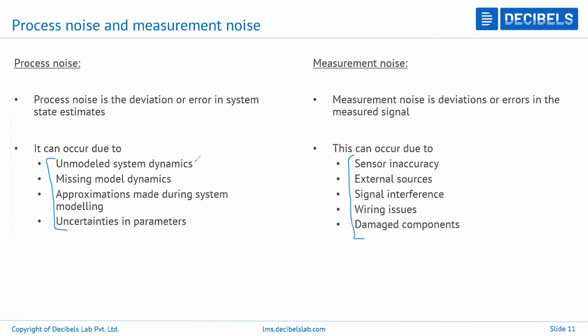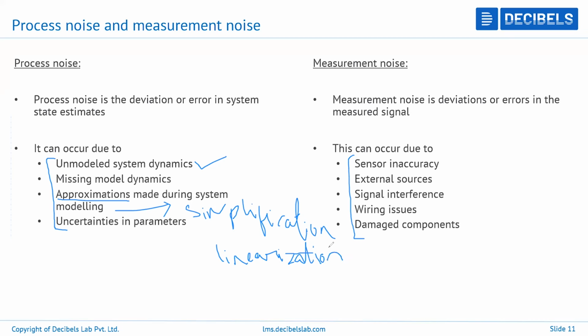Things like unmodeled system dynamics, missing equations, missing parameters, or some approximations such as simplifications or linearization. If any of this exists in the system, it can lead to some sort of process noise, or even uncertainties in estimated parameters. This can all lead to what is called process noise. So these are the possible sources.